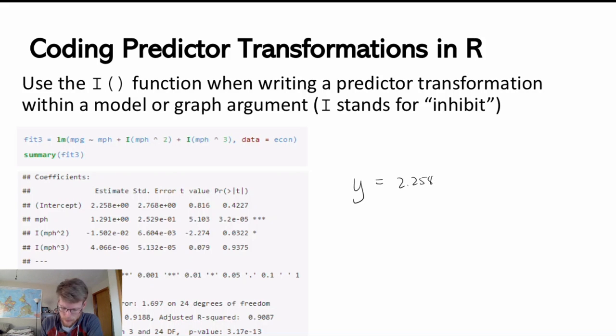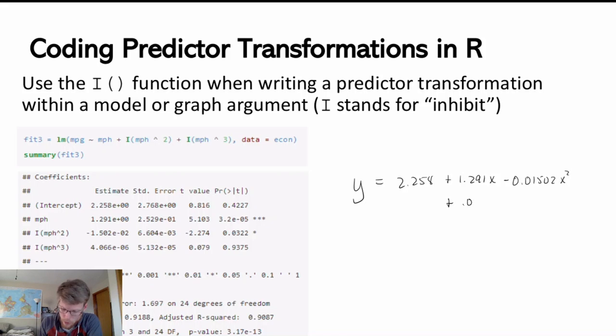2.258 plus 1.291 times, I'll just call it x, minus 1.502. Actually, that's to the negative 2, so let me switch that. It's going to be negative 0.001502 times x squared plus 4. That's much smaller actually.